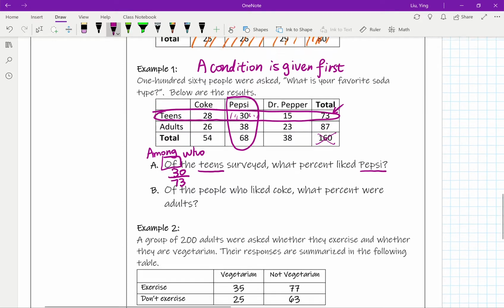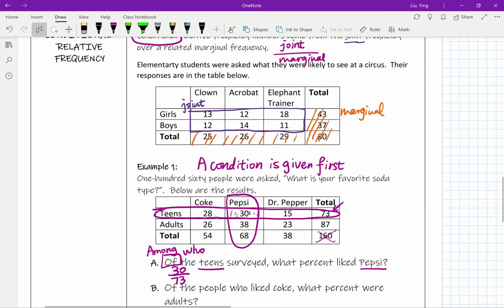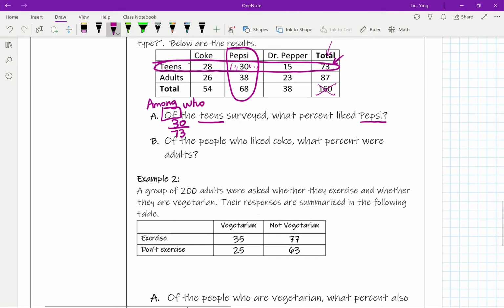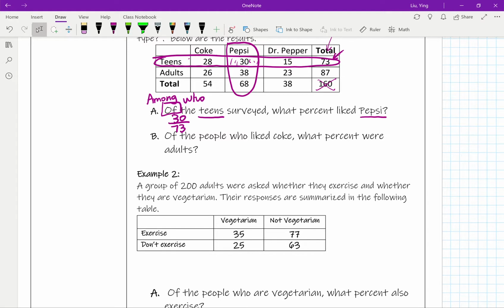Now, if we look at the definition from before, we can match it, right? So 30 is one of these numbers inside, so that's a joint, right? And then divided by one of the numbers in the margin, so marginal, right? Okay, so now let's finish the problem. 30 divided by 73, so let's put that in the calculator.